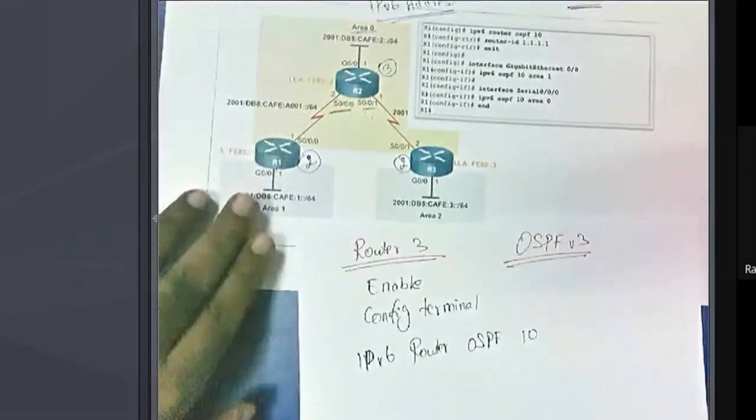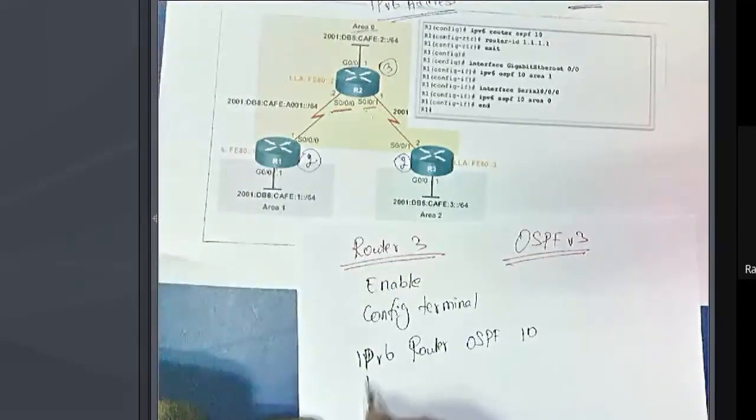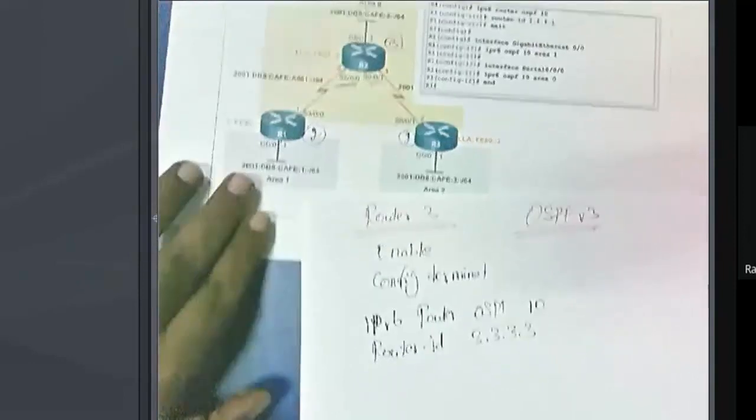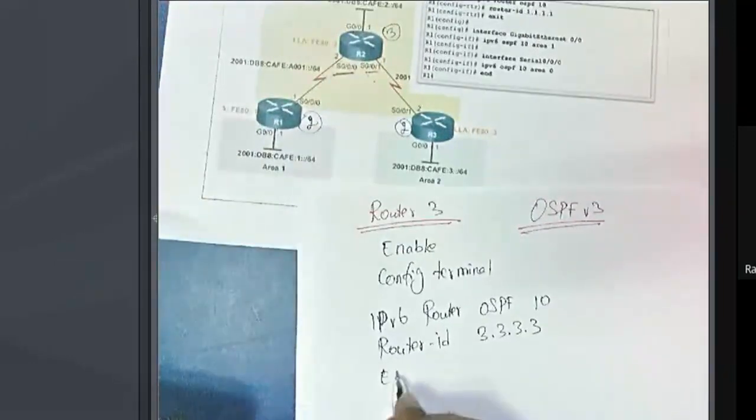Then the next command is router ID, here I'm going to take 3.3.3.3. If they give the router ID, you write the same router ID. If the router ID is not given, you can use any router ID. Now, I gave the router ID. Then I'm going to give exit.